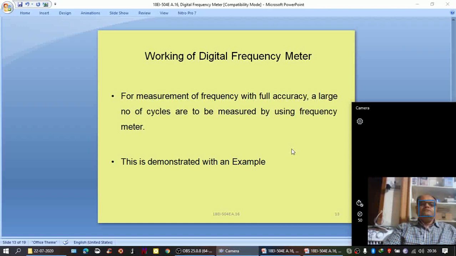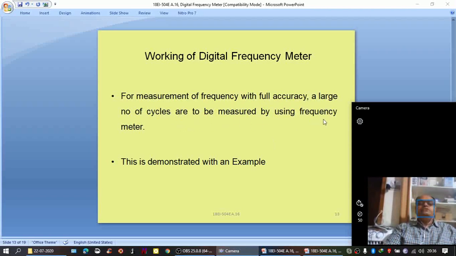But before that, one point to be kept in mind while using a digital frequency meter is that for measurement of frequency with full accuracy, a large number of cycles are to be measured.